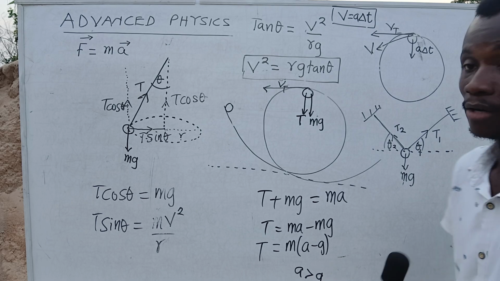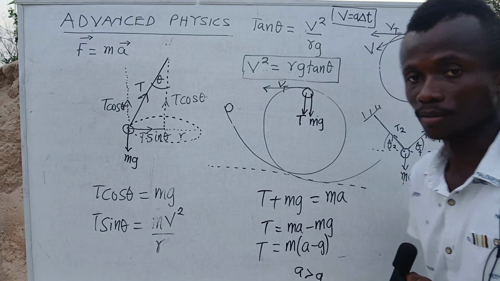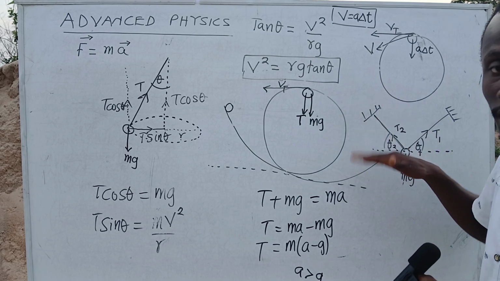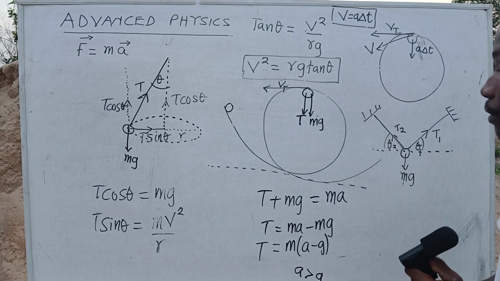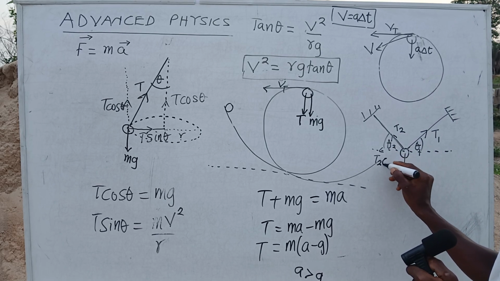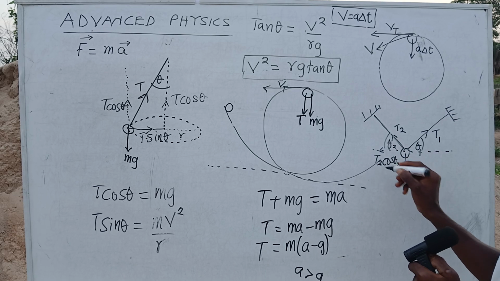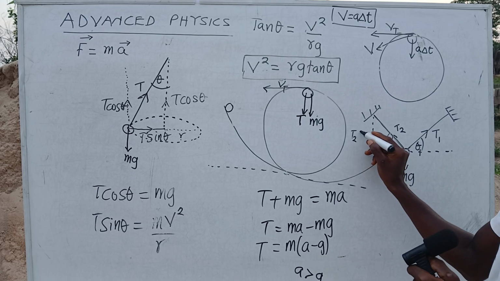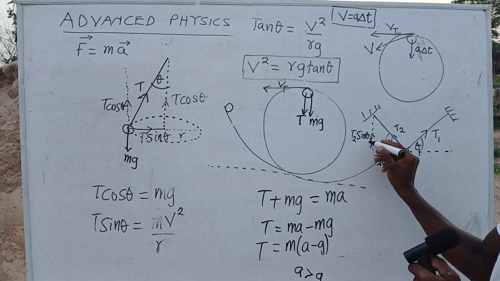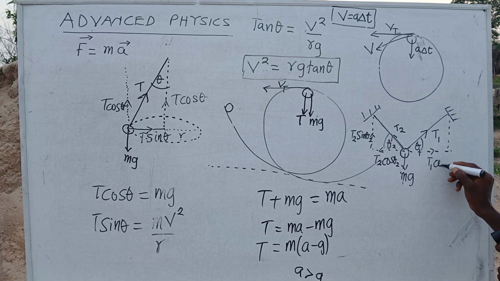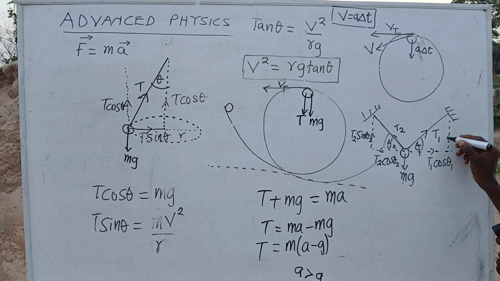So what are the requirements for this equilibrium of the object? We can resolve T1 and T2 into horizontal and vertical directions. So for T2, we have here T2 cosine theta 2, then we have this component to be T2 sine theta 2. Similarly, we have T1 cos theta 1, and then T1 sine theta 1.